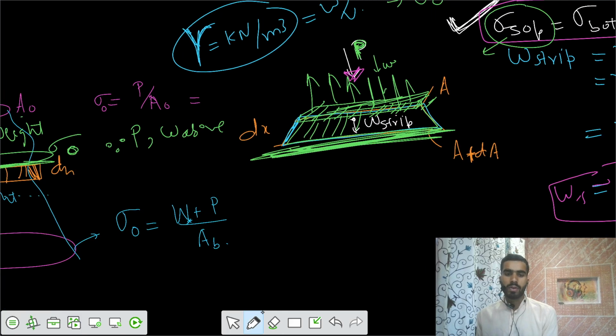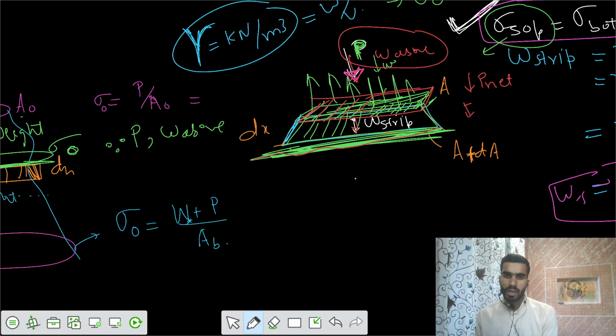To make the equilibrium, there is some downward load of P plus weight above, such that it causes stress of sigma naught on the top area A, and this is acting downwards as some P net, and the weight of the strip is also acting downwards.